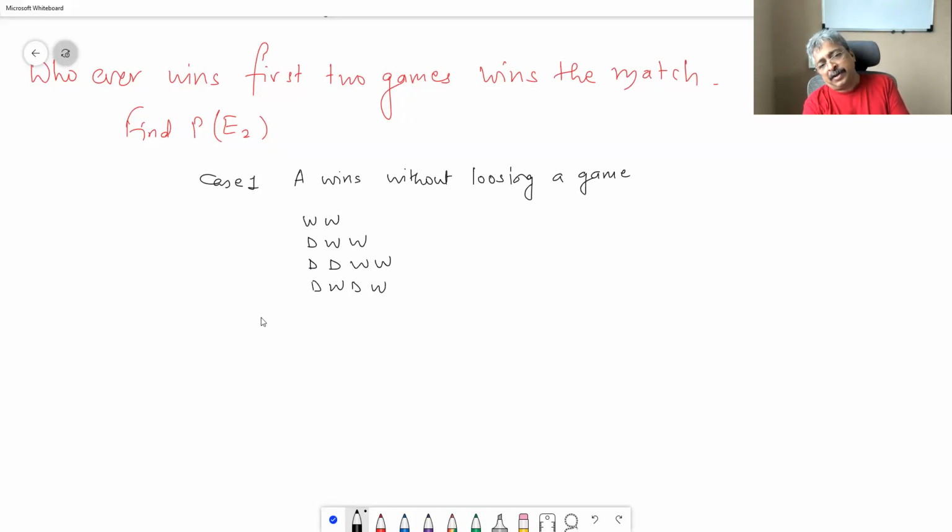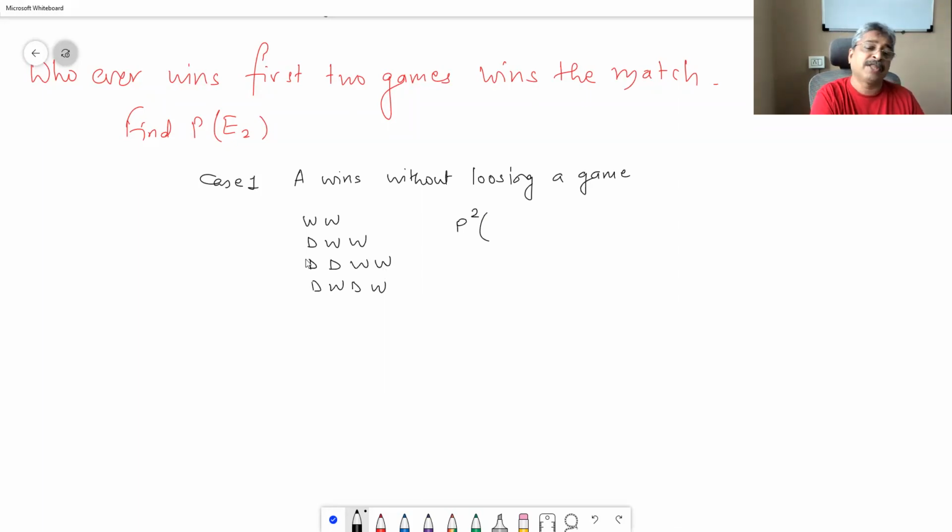Is that right? So how have you added this? So it is going to be P square. P square is going to be the probability of winning two games, and then the number of draws.